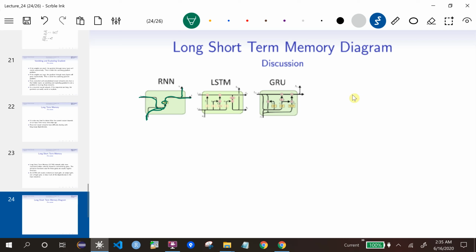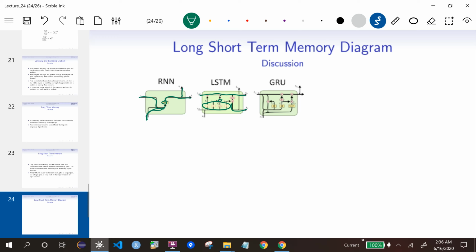So what we're going to do is first add another unit to keep track of something like long-term memory, and we're going to get a whole bunch of activation functions, and we're going to somehow combine these using some operations to get the memory units and to get the regular hidden units. So that's basically all I want to say.